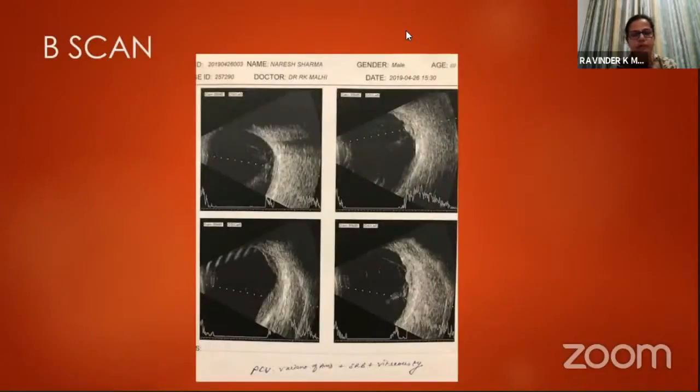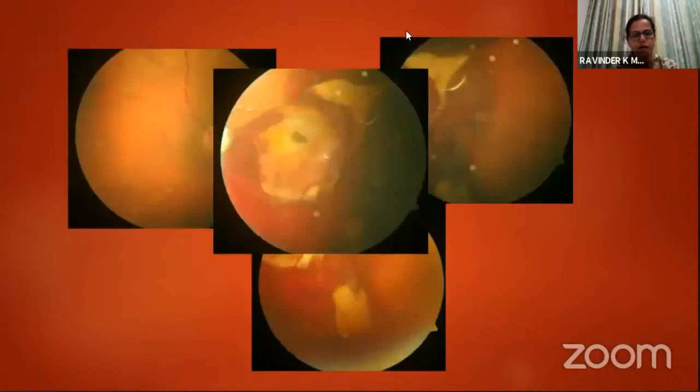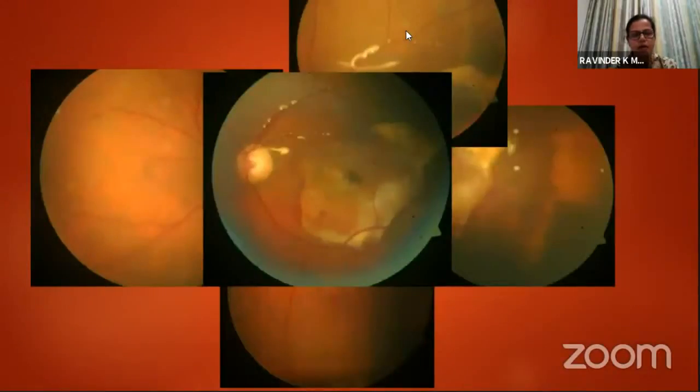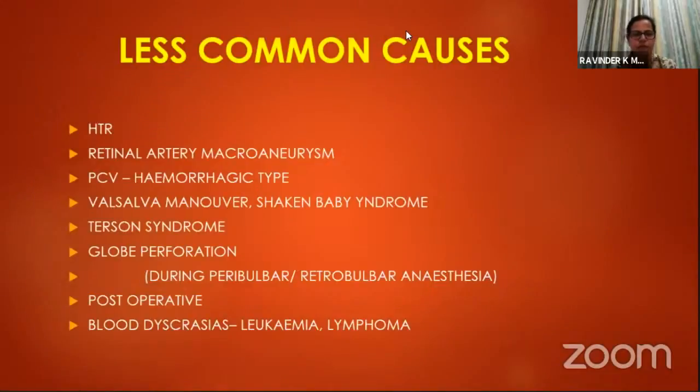Possibility of PCV and masquerade syndrome was there, and he underwent vitrectomy, and you can see there were marked areas of subretinal bleed, and old and fresh hemorrhage was there. So ultimately he improved after multiple anti-VEGF injections and vitrectomy.